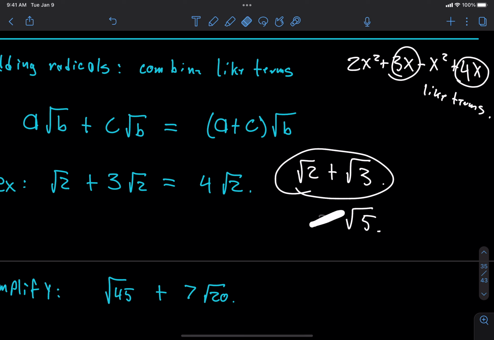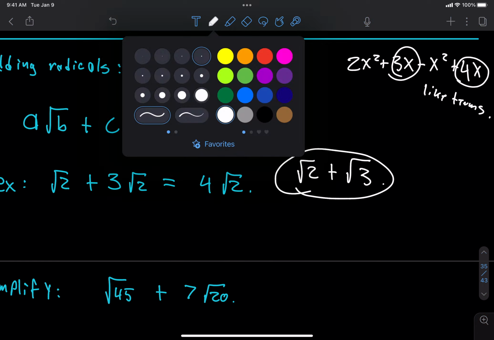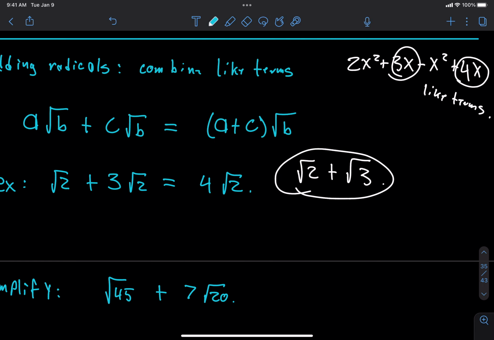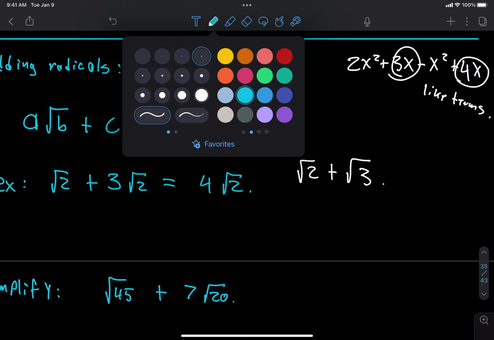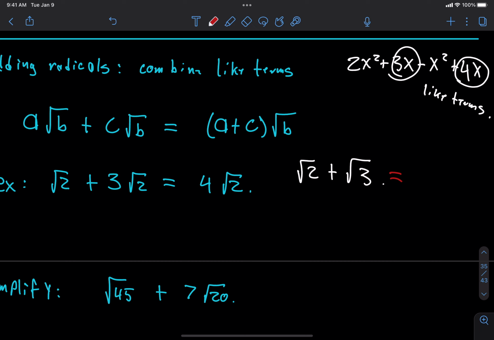So this is what we call a nonlinear relationship, or a nonlinear function, which I guess we still don't know what functions are, but we'll get there. So we cannot add these. Let me be emphatically clear that this is not equal to the square root of 5. Exclamation point.